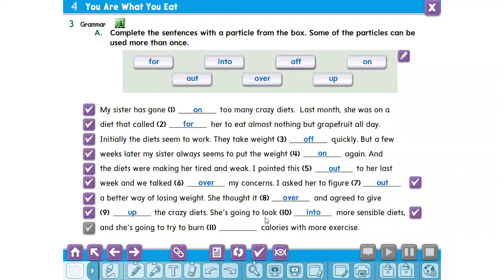She's going to look into more sensible diets, and she is going to try to burn off calories with more exercise.